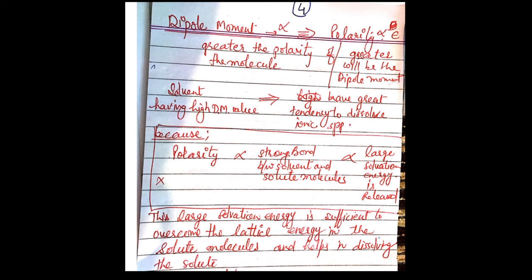Solvents having high dipole moments have a greater tendency to dissolve polar or ionic substances. This is because greater polarity results in a strong bond between the solvent and the solute molecules, and large solvation energy is released. This large solvation energy is sufficient to overcome the lattice energy in the solute and helps in dissolving the solute.